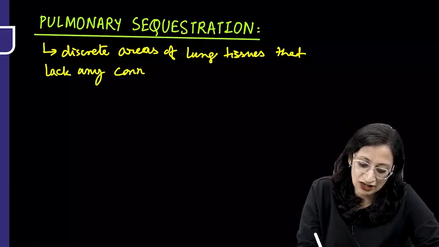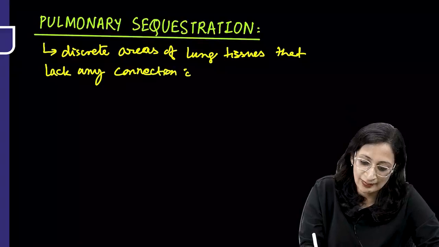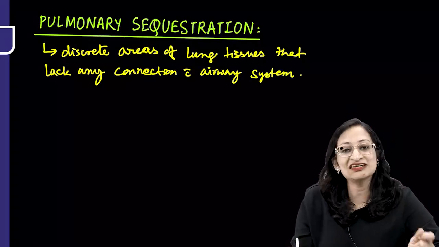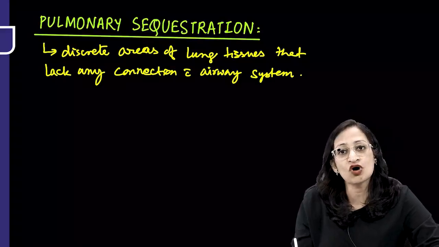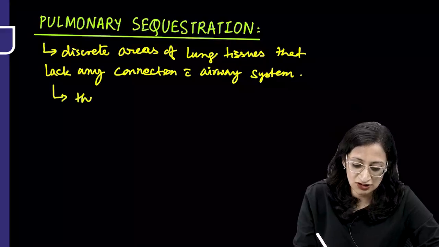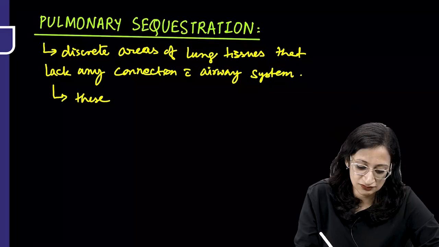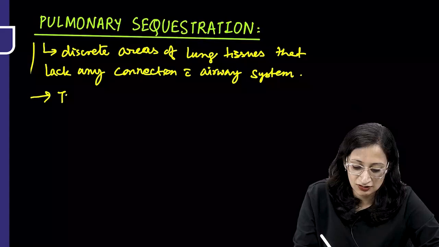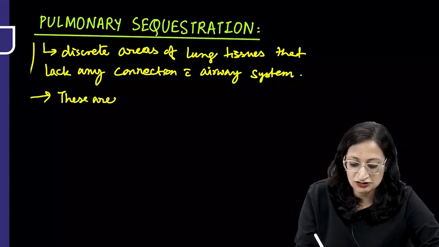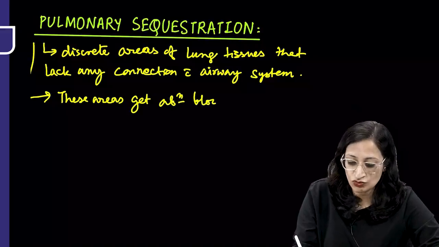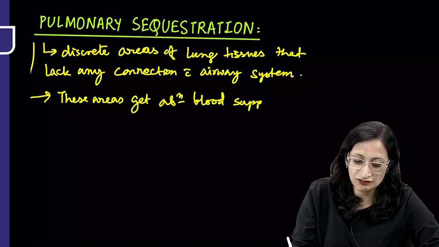And we know normally the lungs get blood from the pulmonary artery, but these areas get abnormal blood supply from the aorta.